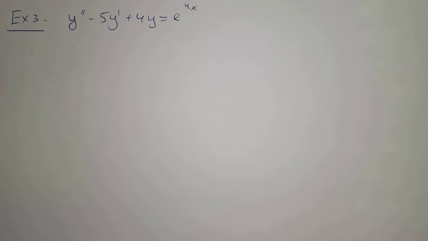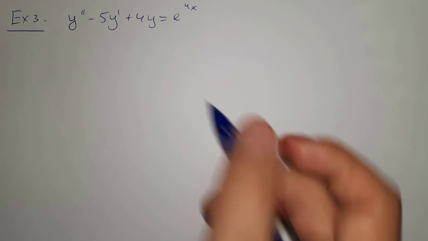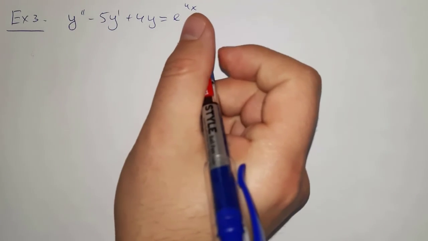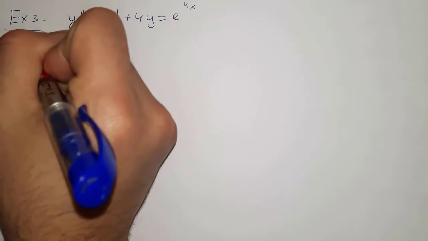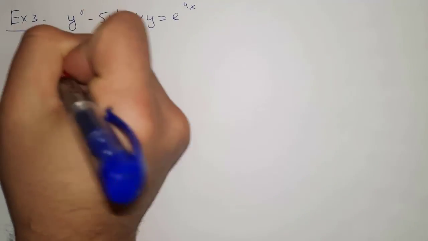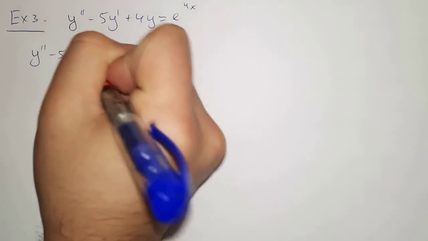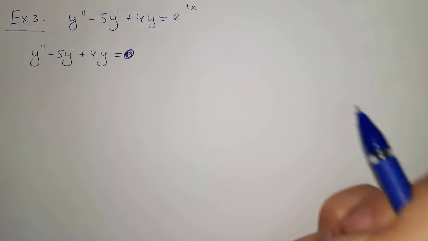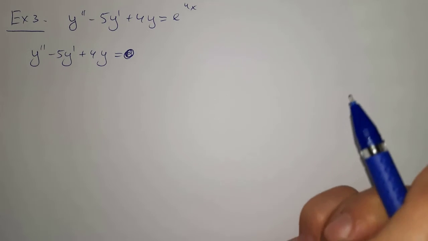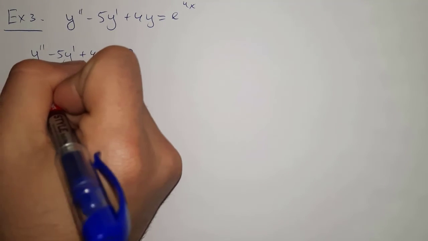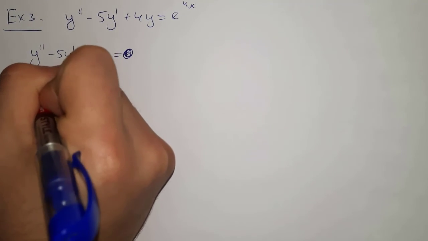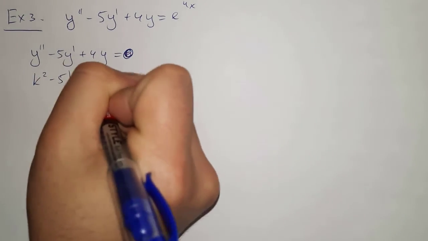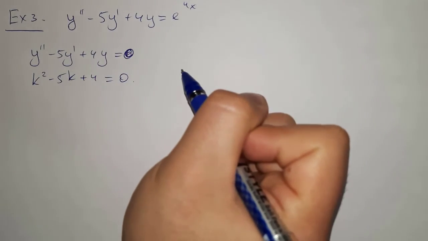So here let's firstly begin with the corresponding homogeneous equation, y double prime minus 5y prime plus 4y is 0. So let's find the solution of this equation. To find it, we need to find the roots of the characteristic equation, where k squared minus 5k plus 4 is 0.